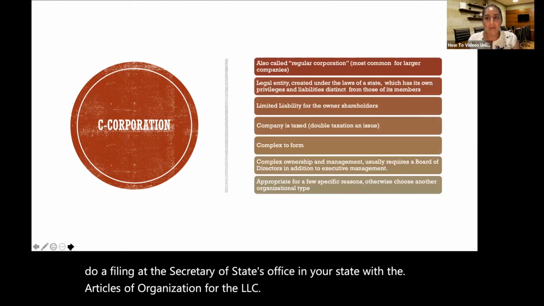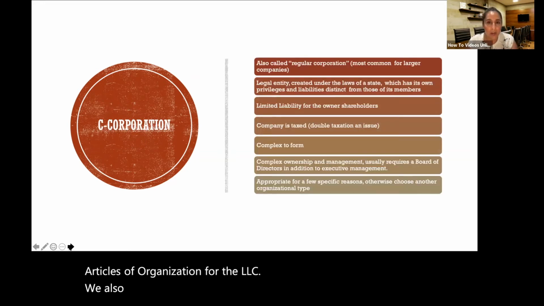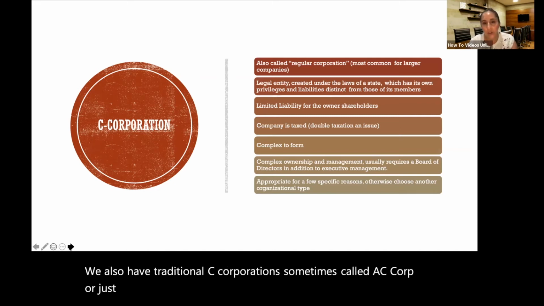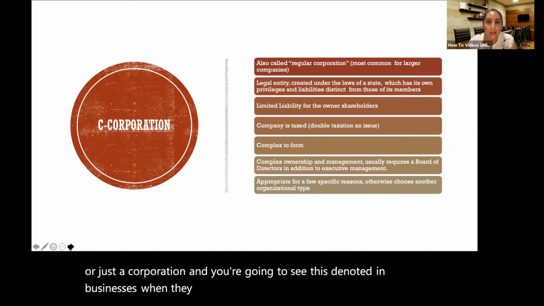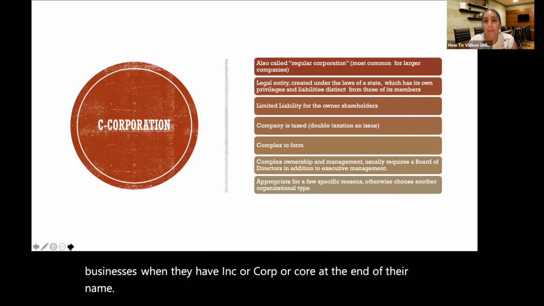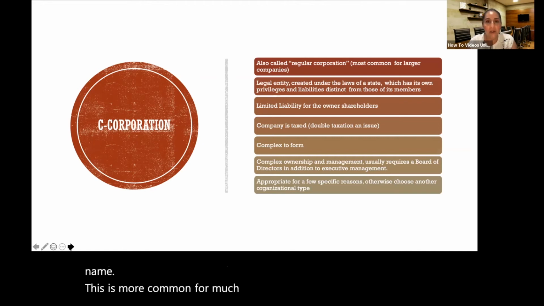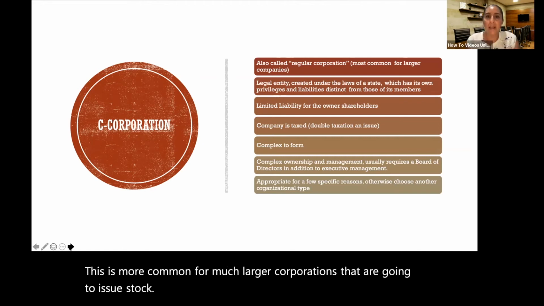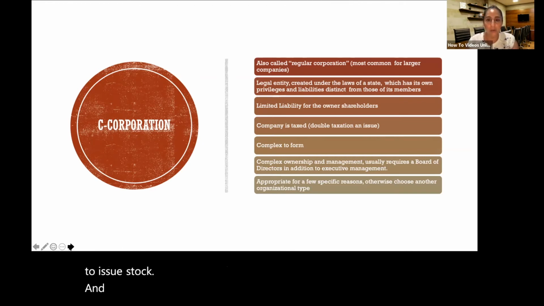We also have traditional C corporations, sometimes called a C Corp or just a corporation. And you're going to see this denoted in businesses when they have Inc. or Corp. or Co. at the end of their name. This is more common for much larger corporations that are going to issue stock and have numerous shareholders that own the company.